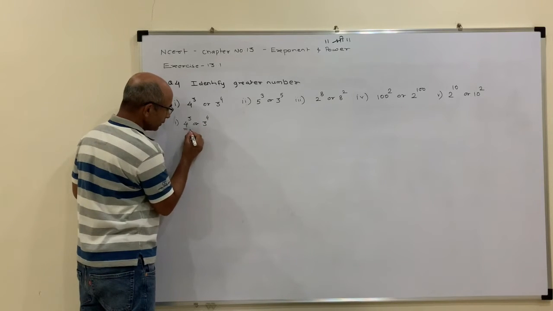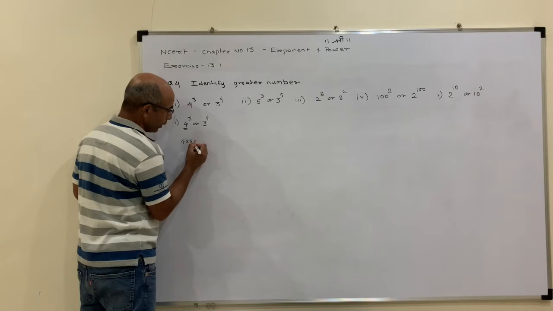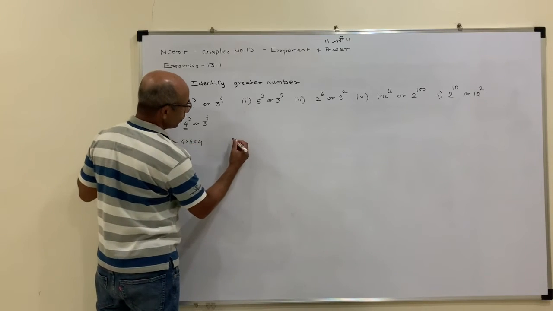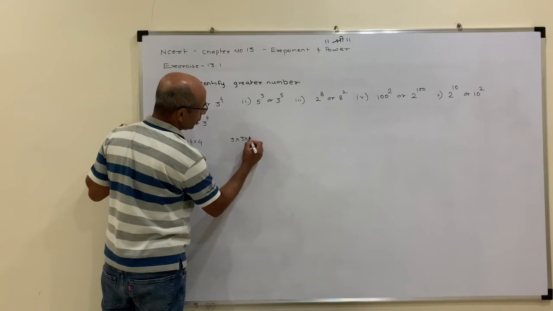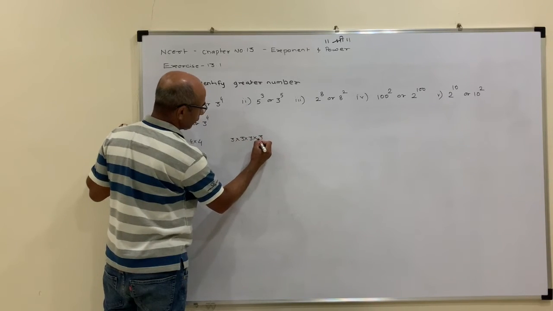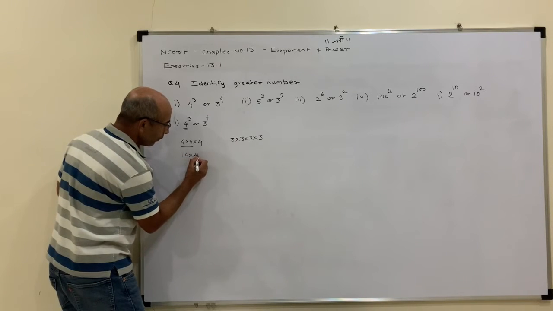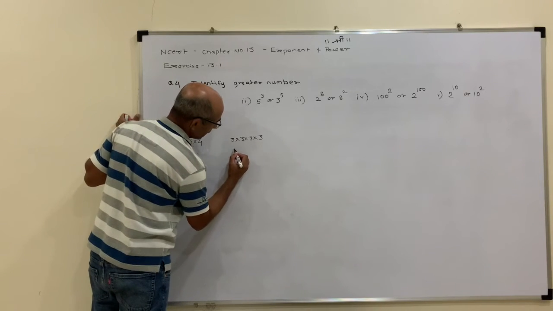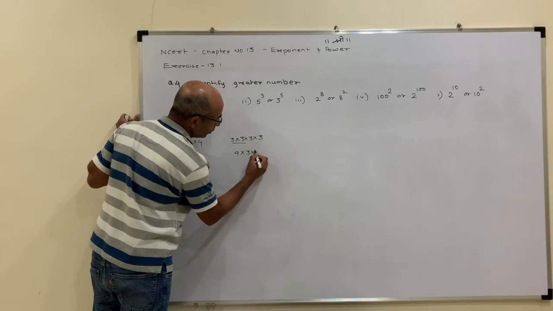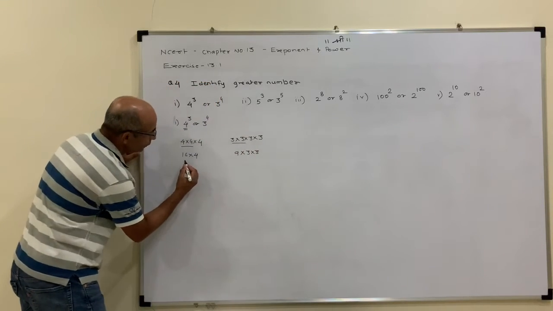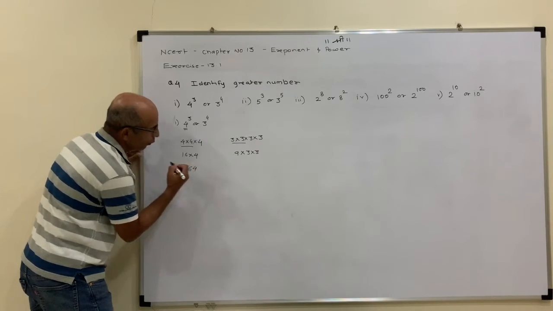Let's solve first 4 raised to the power 3. So 4 into 4 into 4, and I am going to write here 3 into 3 into 3 into 3. 4 4s are 16 into 4. Now 3 3s are 9 into 3 into 3. 16 4s are 64.